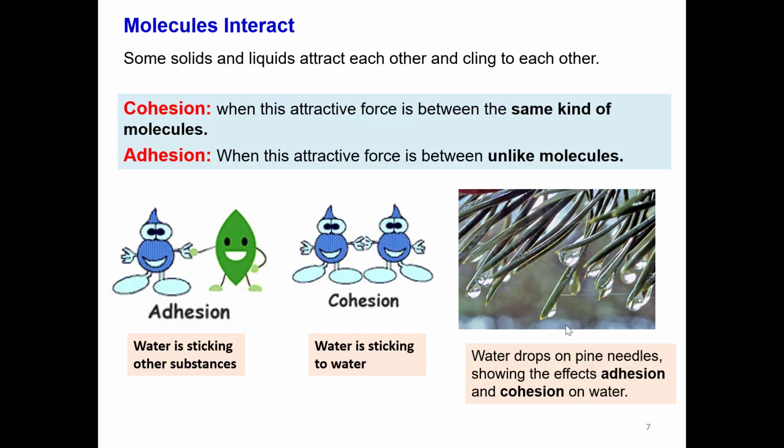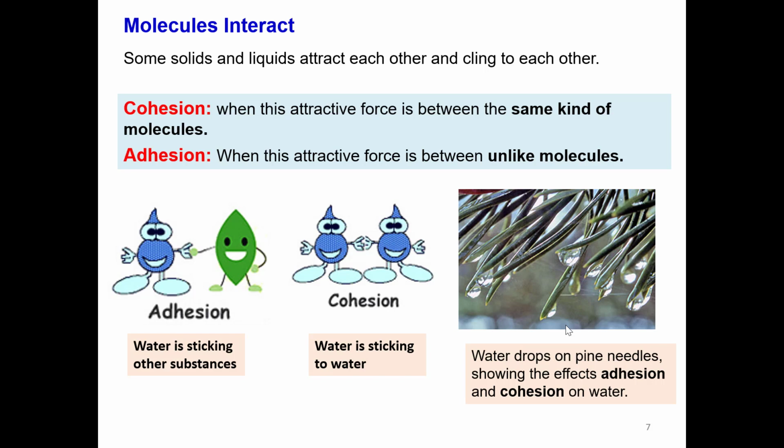Now, how do the molecules of a compound interact, or how do the molecules of two different compounds interact? If we have the same kind of compound, there is a force that keeps these molecules together, and this force is called the cohesion force.